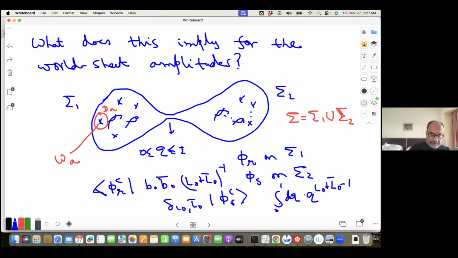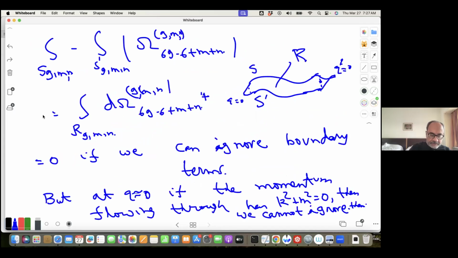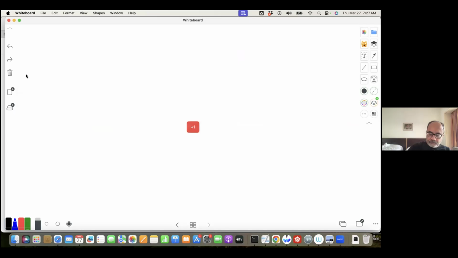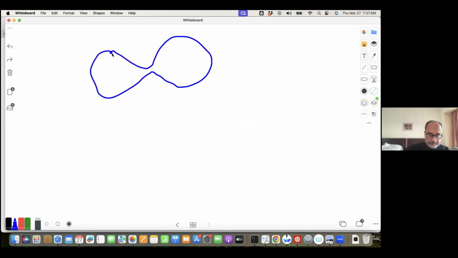Let me write it again. We have this picture over here. This is sigma 1, this is sigma 2, and then you have various vertices.